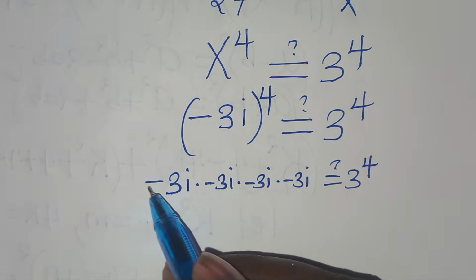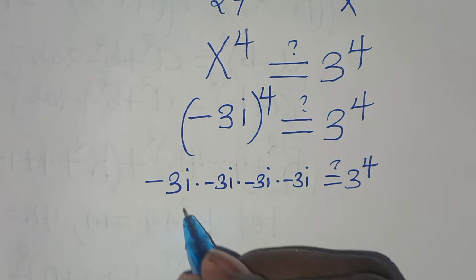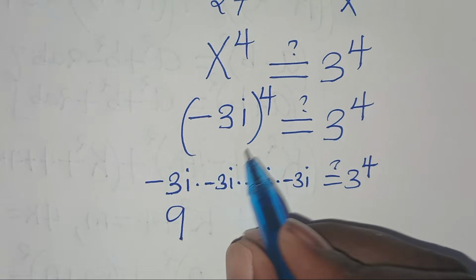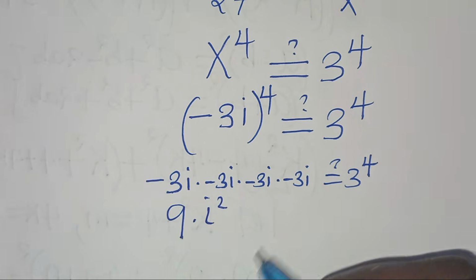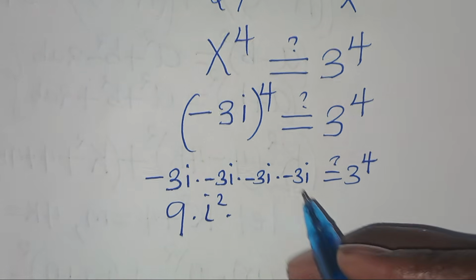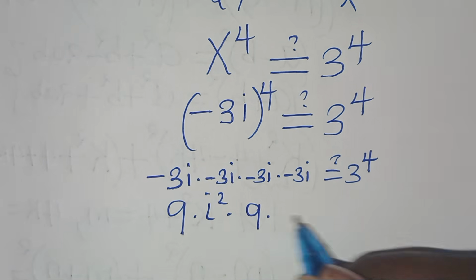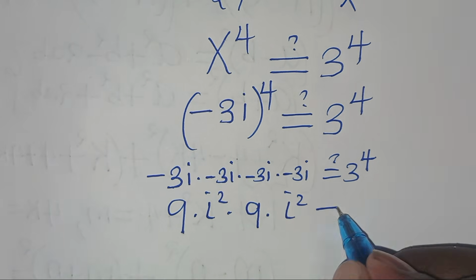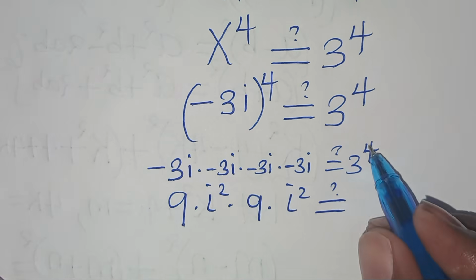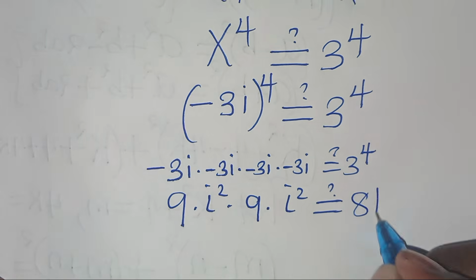So we have that negative 3 times negative 3, this is 9. I times I, this is I squared. Then multiplied by negative 3 times negative 3, this is 9 times I squared. This should be equal to 3 to the power of 4, which is equal to 81.